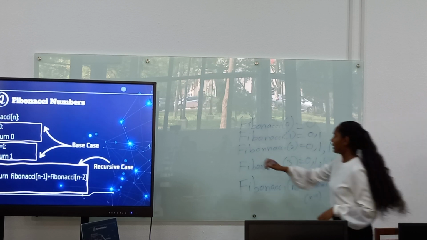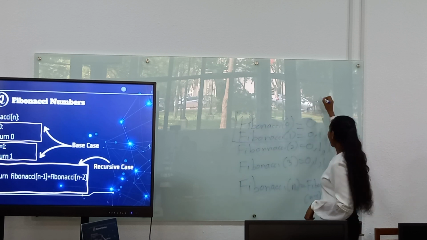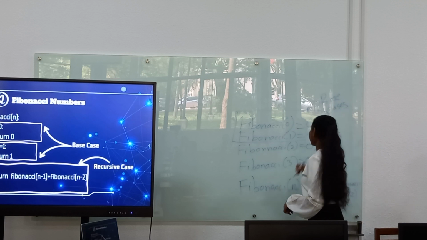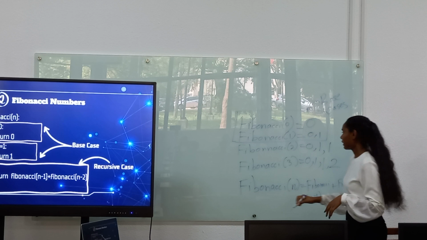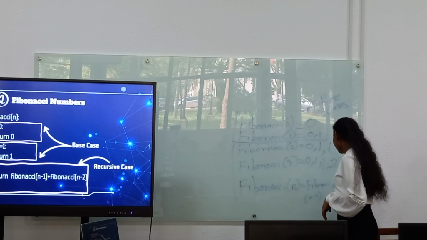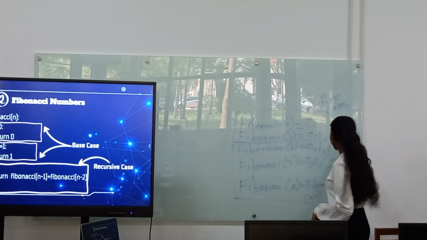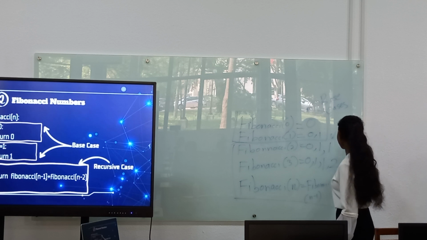So we can say Fibonacci 0 and 1 are our base cases. Any other number greater than 1, we can simplify by dividing it into smaller subproblems. So we call these cases the recursive case.